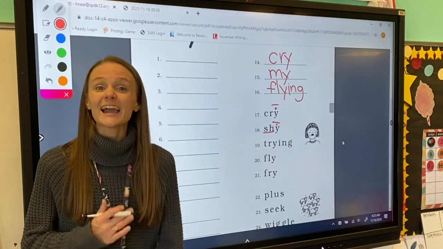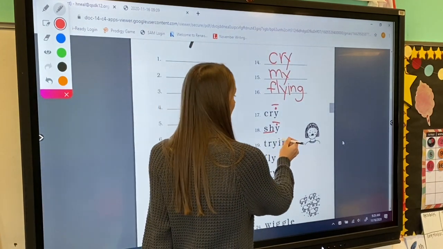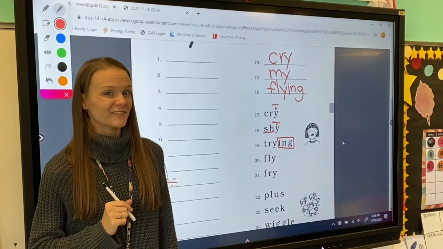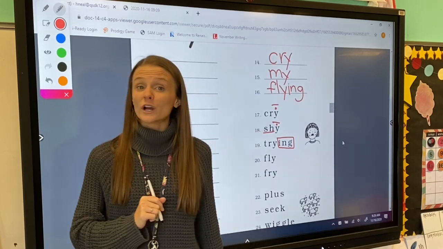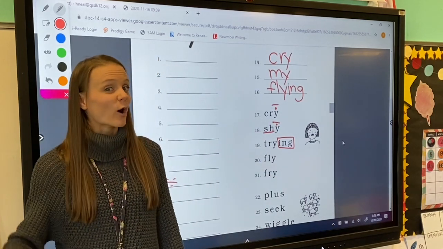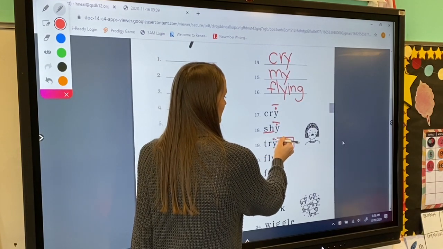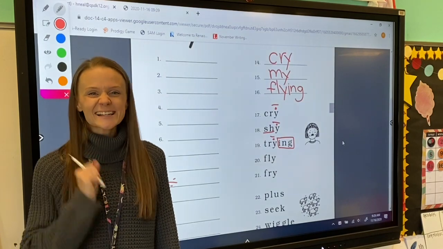Yes, we see the ing suffix. So I'm going to draw a box around my ing suffix. Then I have the word try. The word try ends in that long I sound, so I'm going to code it with a dot on top, making the long symbol. Excellent!